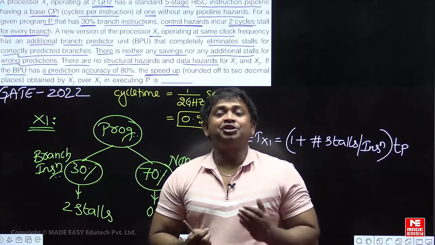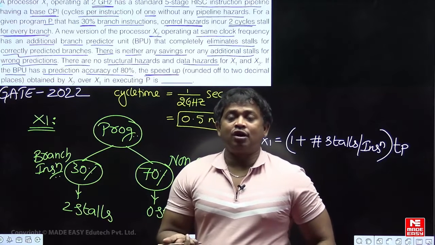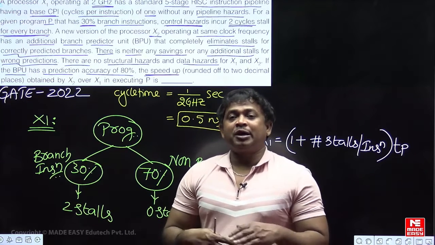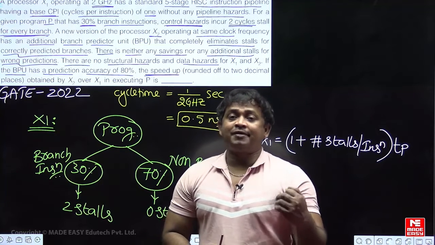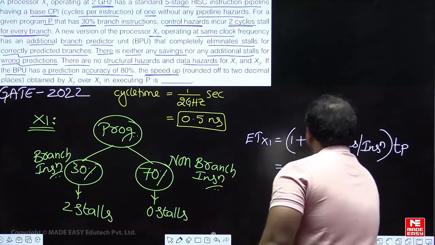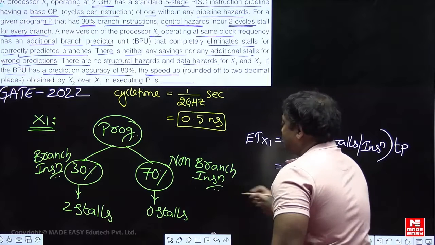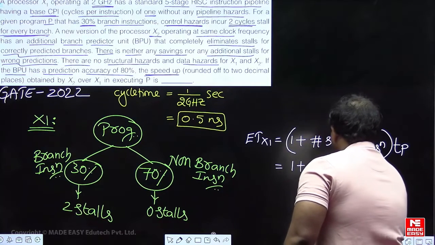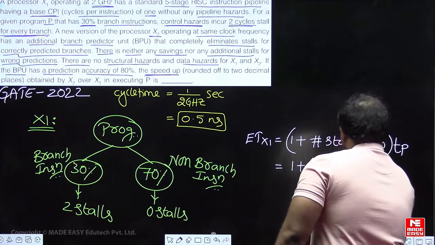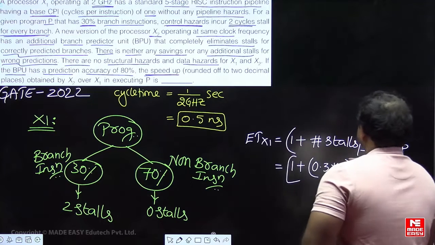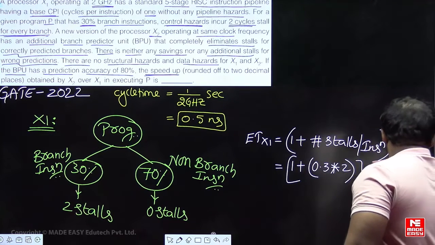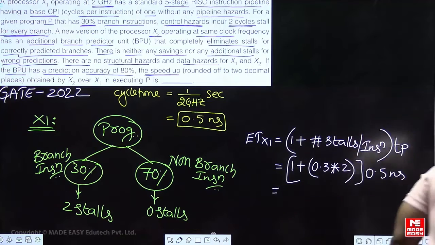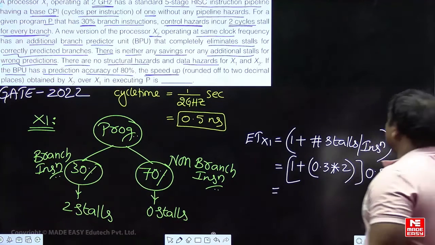When individual delays of a pipeline are not mentioned, we treat the pipeline as a uniform delay pipeline with a cycle time of 0.5 nanoseconds. Now substitute the data: 1 plus 0.3 times 2, multiplied by 0.5 nanoseconds. Do the calculations. What is the output?